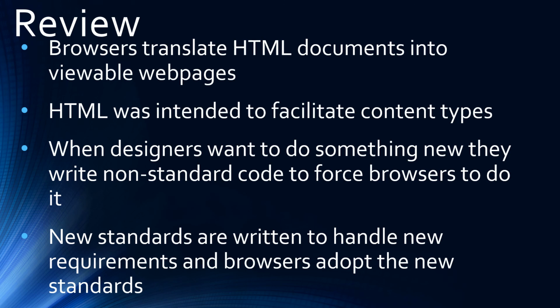What we've found in the history of the internet, though, is that when designers want to do something, they tend to write non-standard code to force browsers to do it. So this is why we're developing new standards in HTML5 to handle these new requirements that people desire and push browsers to adopt the new standards.